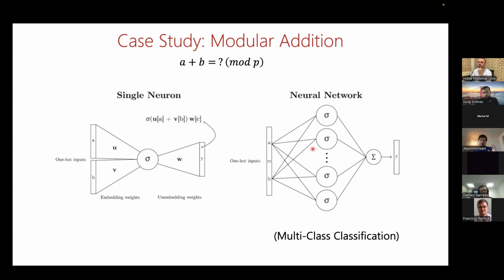The way we are going to structure the net, it's going to be a one layer neural net with some activation function sigma. A and B are provided as one hot input vectors of dimension P. A single neuron within the neural net produces a P-dimensional output, which represents the P possible classes of the output.